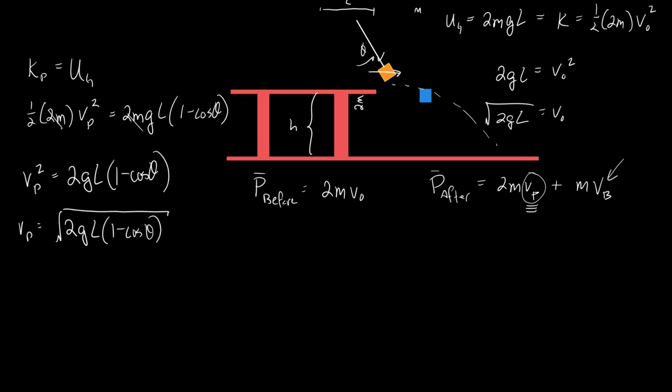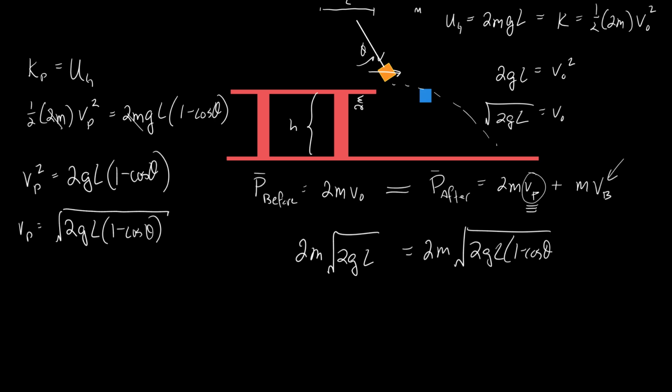What an algebra nightmare. All right, these have to be equal. So 2mv naught, which is the square root of 2gL, has to equal 2mvp, which is the square root of 2gL times (1 minus cosine theta), plus mvB.